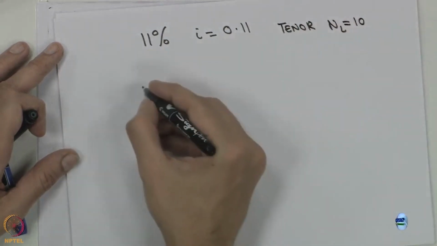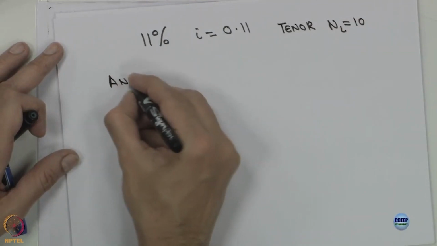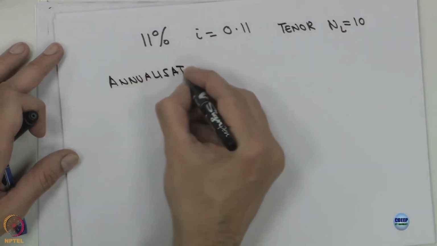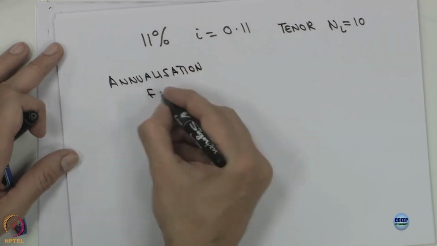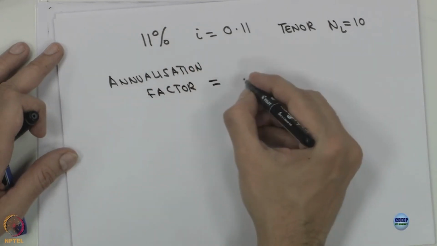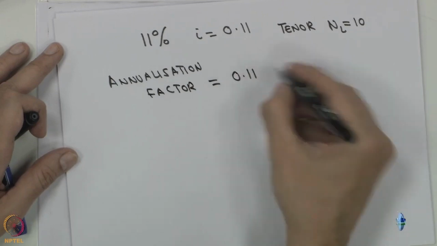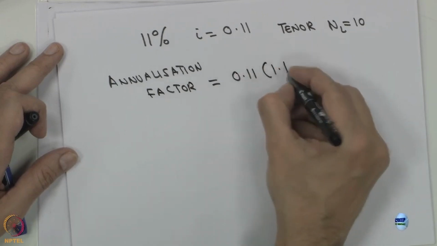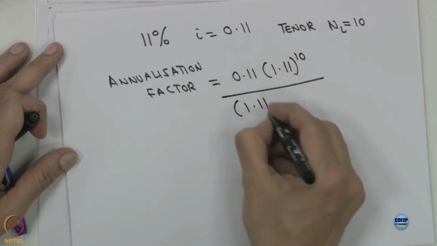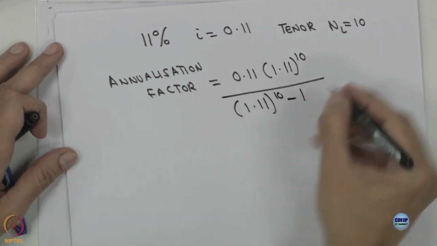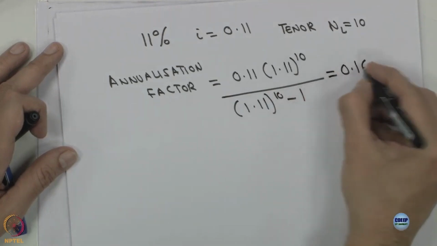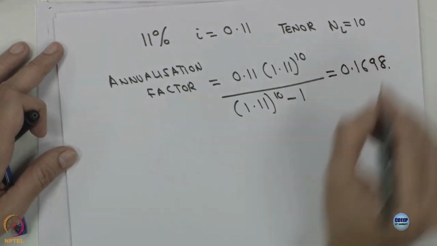So I can calculate the annualization factor as 0.11 divided by 1.11 raised to 10 minus 1, and if you substitute this, this comes out to be 0.1698.